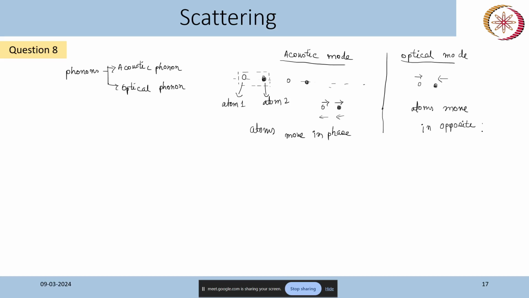So the phonon band structure will be like this. If this is the Brillouin zone boundary, then typically it looks something like this. My diagram is not exactly correct, but you can see here two branches. This is the acoustic phonon branch and this is the optical phonon branch.